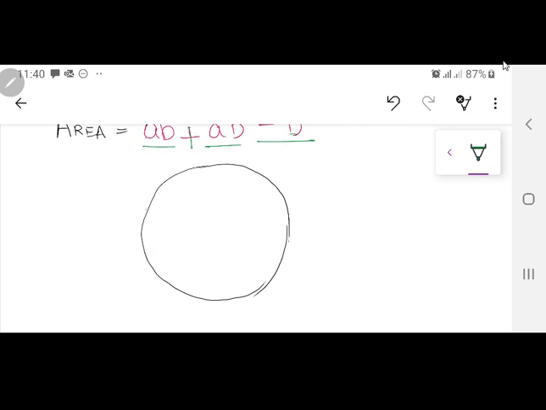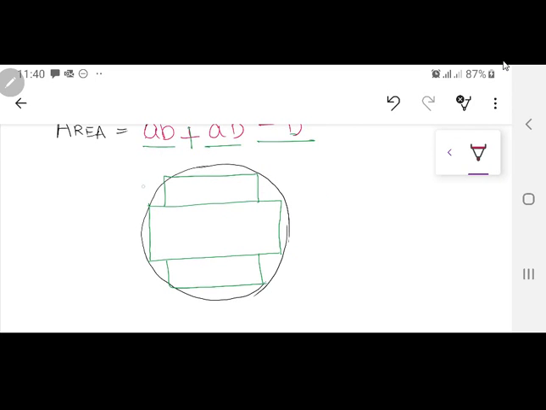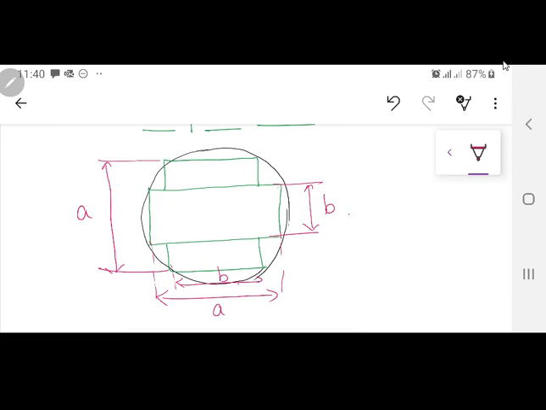So this dimension is A, this dimension is A, this dimension is B, and this dimension is B. ठीक है जी? ठीक है?